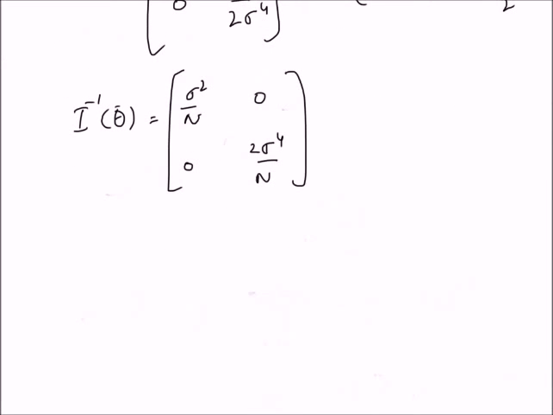So the covariance of the estimator alpha hat basically becomes the variance of the estimator alpha hat, since alpha has only one component.